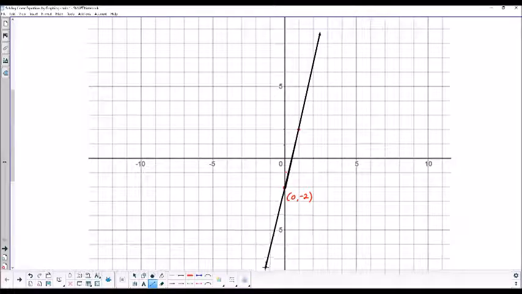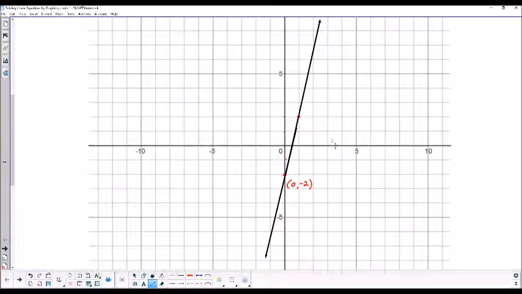Now, it's not perfectly accurate, but that's unfortunately one of the things about graphing by hand. Things aren't super accurate, so I'm going to adjust this slightly to get a little bit more accuracy.